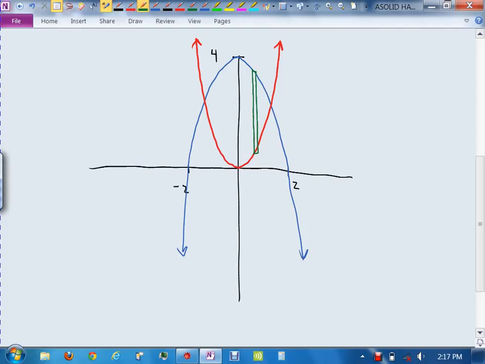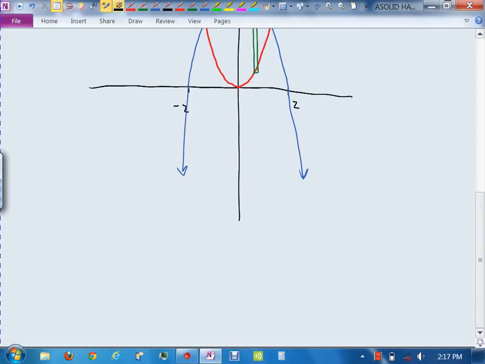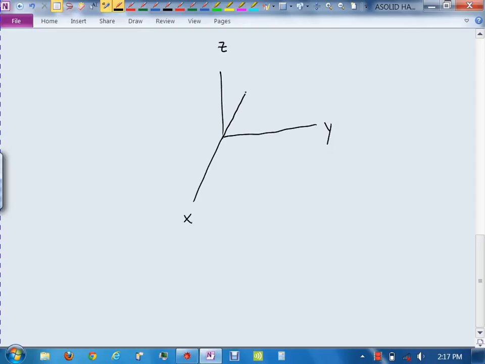So I want to do my 3D here. I have to do it below it. Remember, when you go to 3D like this, the floor is kind of weird. You're kind of looking at it from the side, right? I have my, which one was it? The red one went from the origin, so I have my parabola on the ground coming up like this.